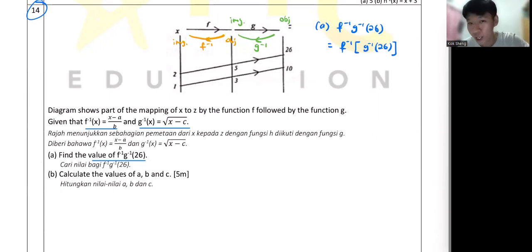So we have the g negative 1. Nice. So the object 26, look at the picture. Here, object 26, and then the image will be 5. Follow the direction. So for g negative 1, the answer here will be 5.